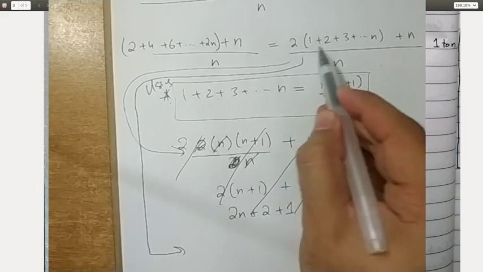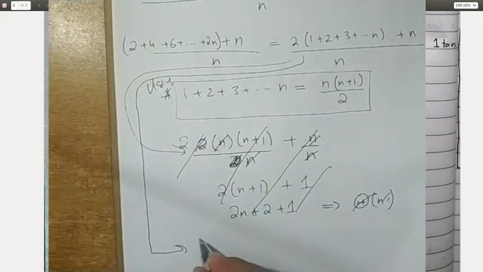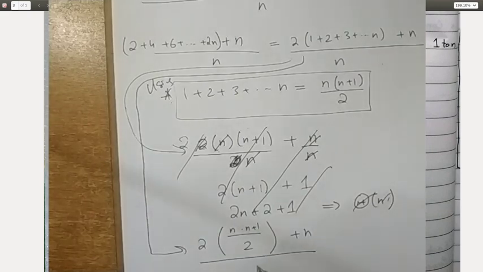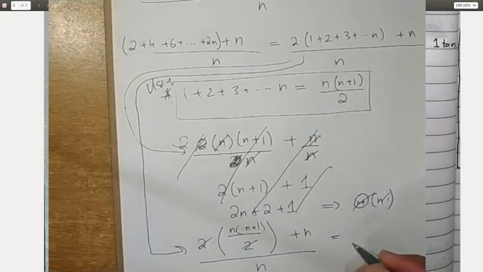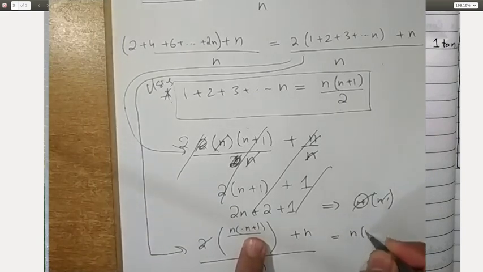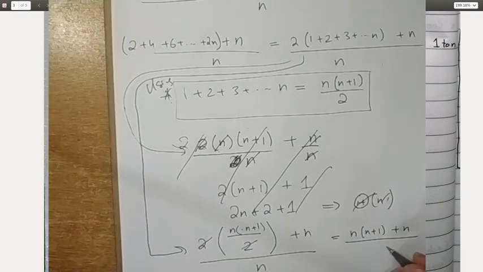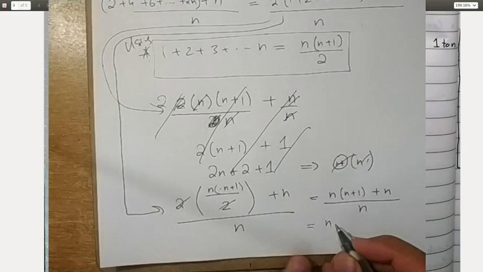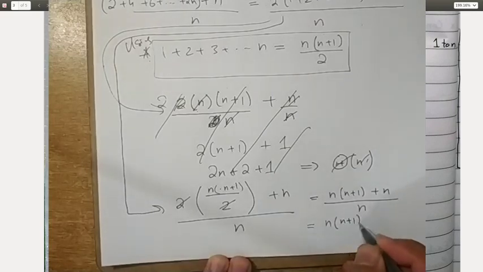Okay, so replacing this by this, I get 2 times n times (n plus 1) upon 2 plus n upon n. Yeah, this was the mistake. So cancel 2 and 2, and you get n times (n plus 1) plus n divided by n, which can be written as n times (n plus 1) divided by n plus n upon n.